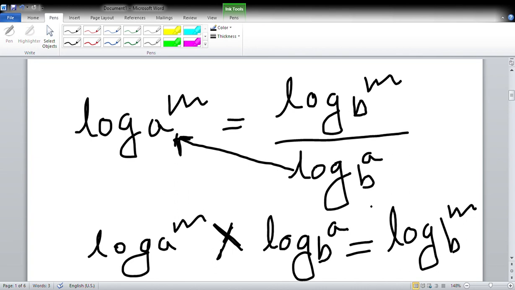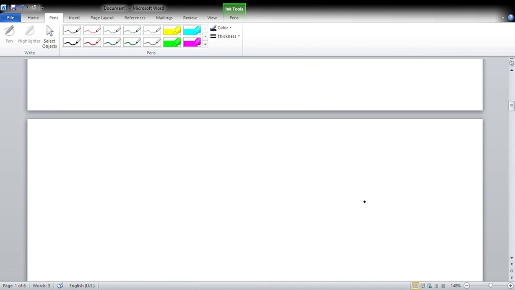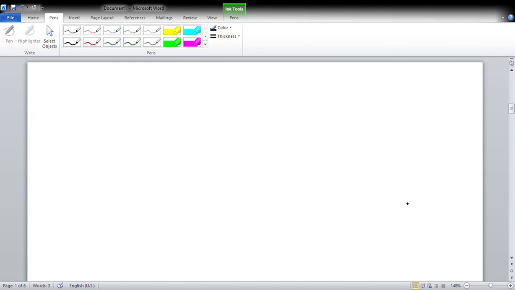So it is m with the base b, right? Suppose you want to take, I want to give you a couple of new things, that is multiplication. Suppose we have a given number, it will be easier for you to understand: log 6 with the base 2.